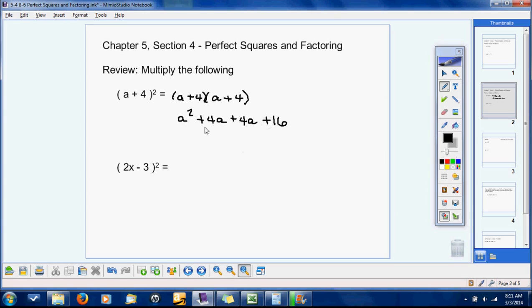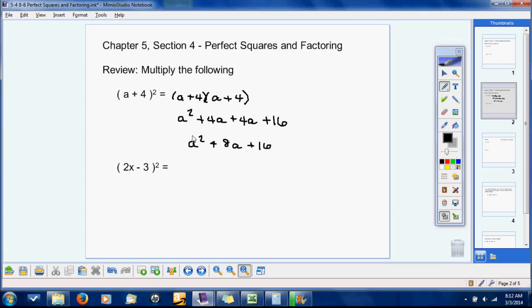And when you combine the like terms, we get a squared plus 8a plus 16. Okay, so very, very careful. When you multiply out a square, binomial squared, be very careful not to lose that middle term.